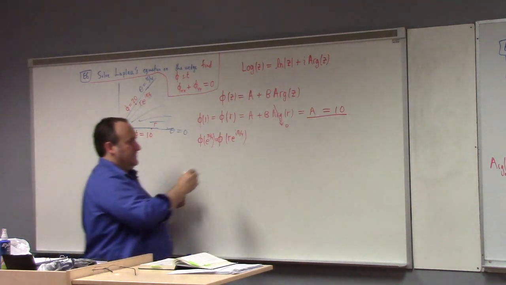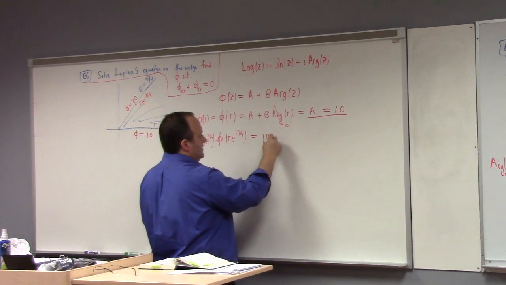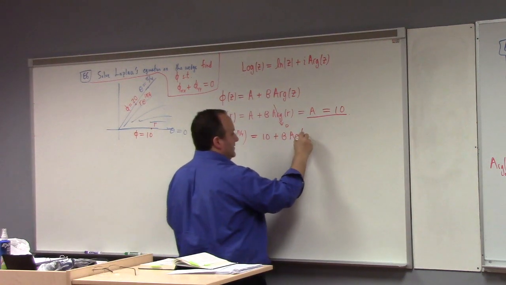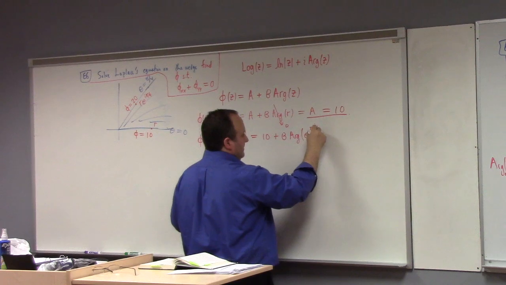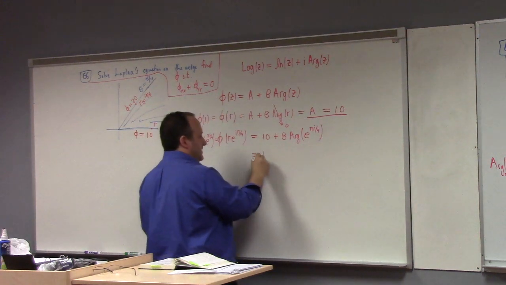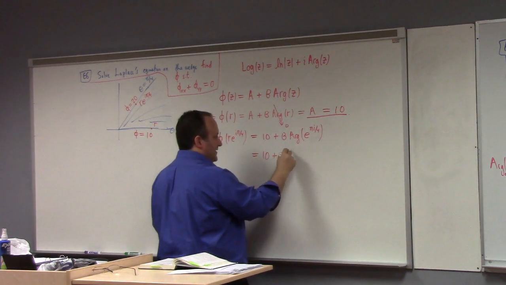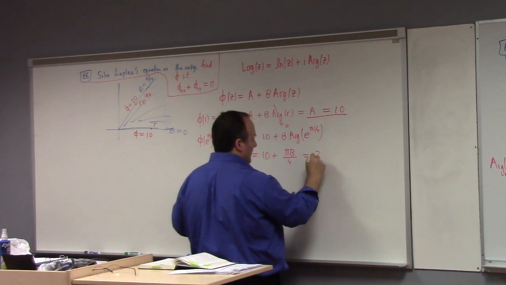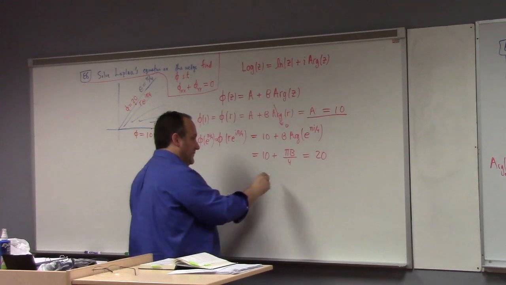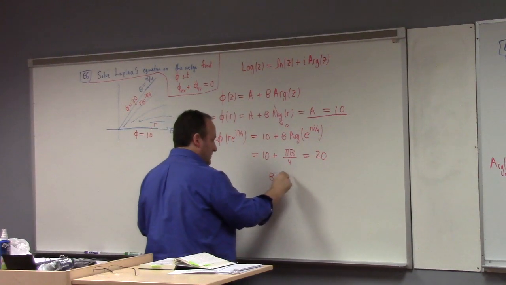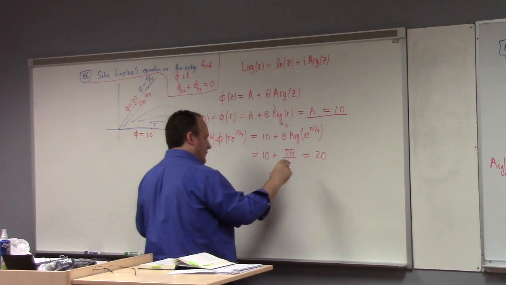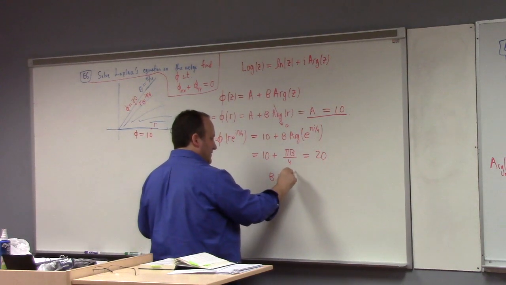So this is equal to 10 plus the B we don't know yet times the argument of e to the pi i over 4, which is what? 10 plus pi times B over 4. And that's equal to 20, that was given. So therefore B is apparently equal to 40 over pi. Did you guys get that?